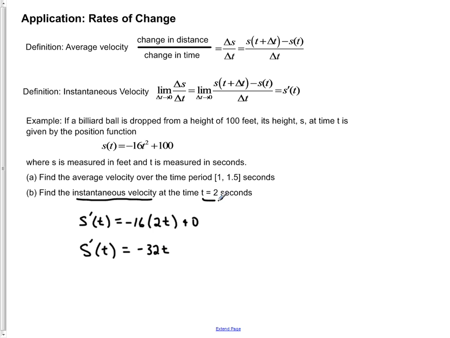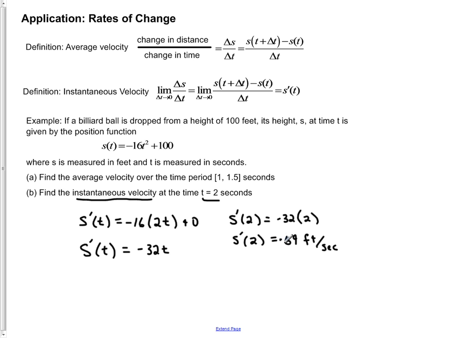And so if we're interested in the instantaneous velocity at 2 seconds, s prime at 2 is going to be negative 32 times 2, and we get a result of negative 64 feet per second.